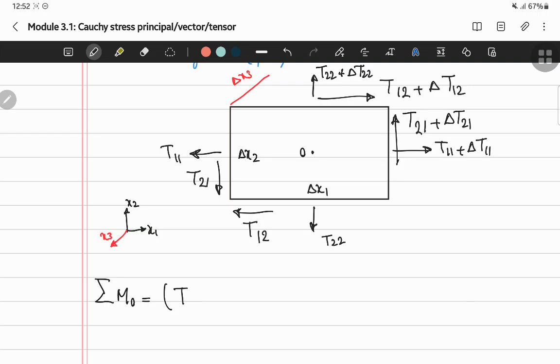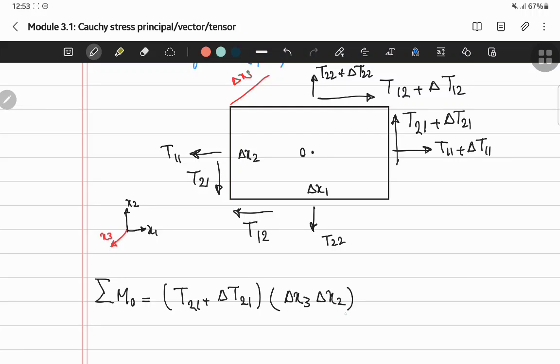So they are also 0. Their moment is also 0. So I start with t21 plus delta t21 here times the area. This is the area, which is the product of del x3 and del x2, times del x3, del x2.